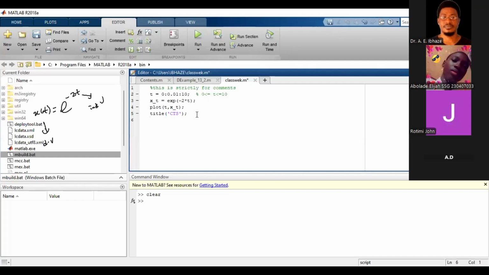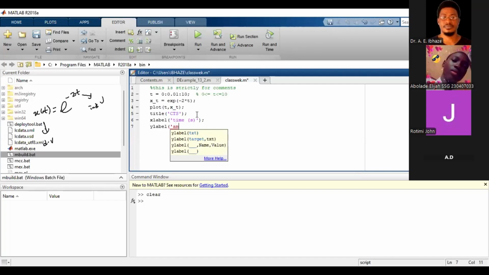Then I want to give my x-axis, so we'll call it xlabel. That's my time, right? Time in seconds. Then my ylabel, that's the y-axis, is my amplitude, right?